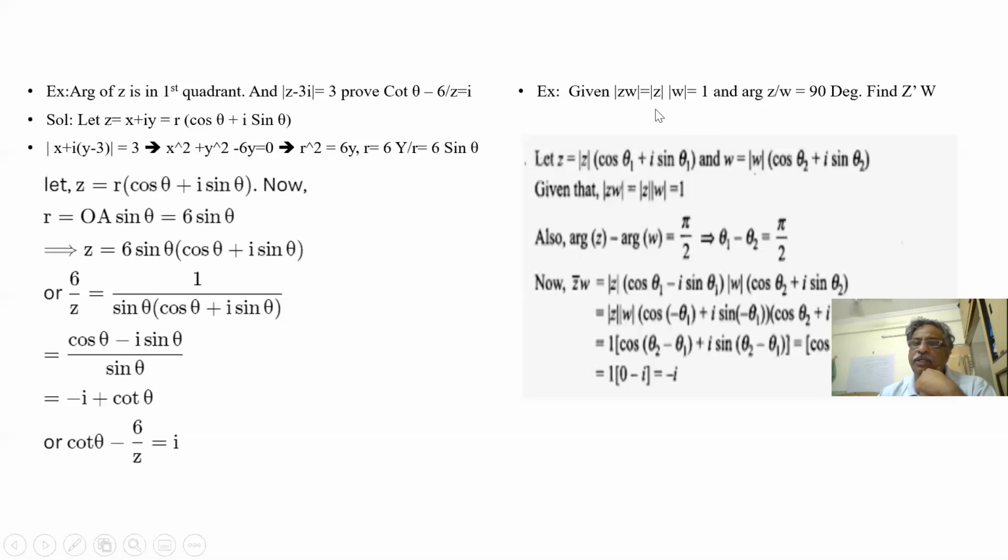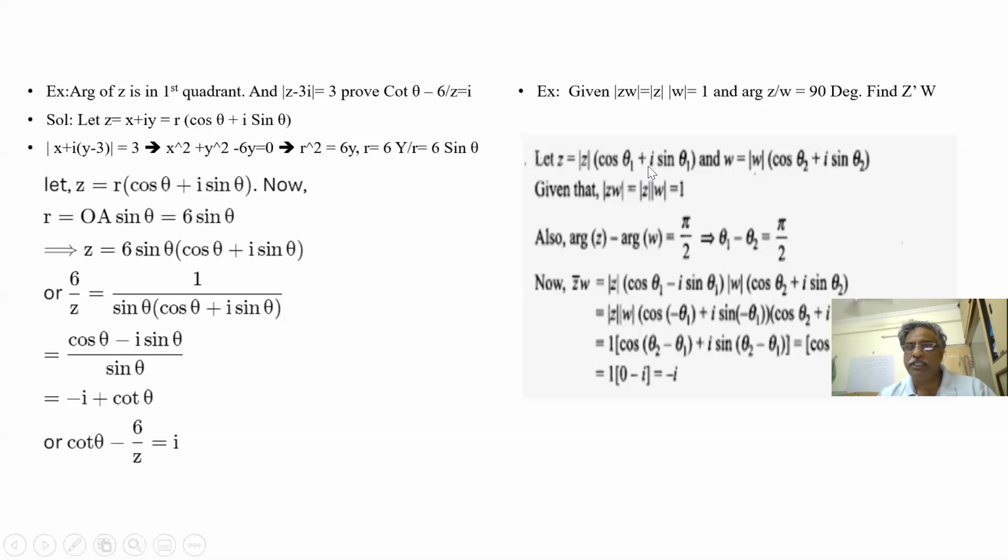So if I take Z as r1(cos theta 1 + i sin theta 1), W as r2(cos theta 2 + i sin theta 2), r1 mod Z and r2 mod W, when I multiply these two, I get Z bar into W. What is Z bar?